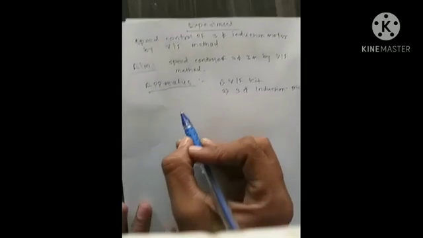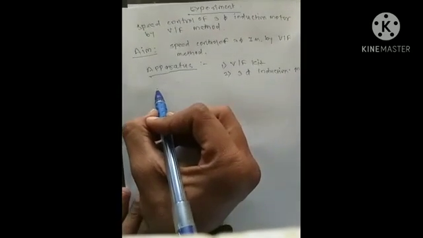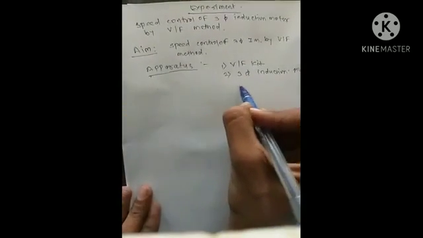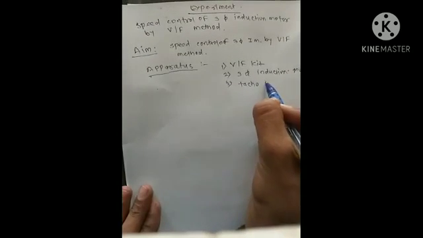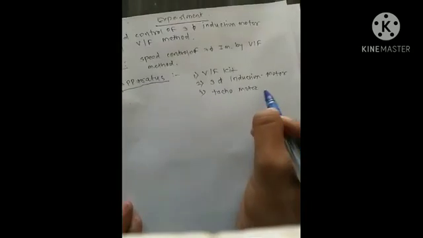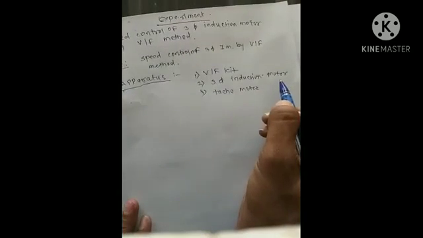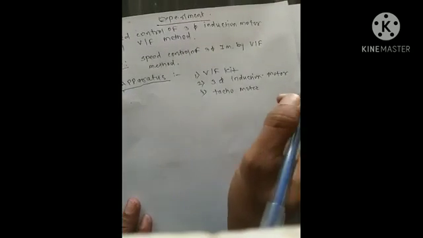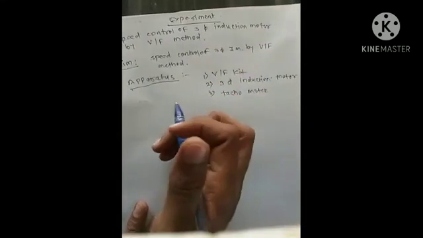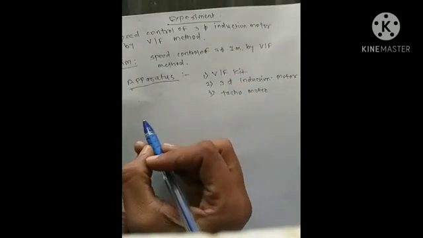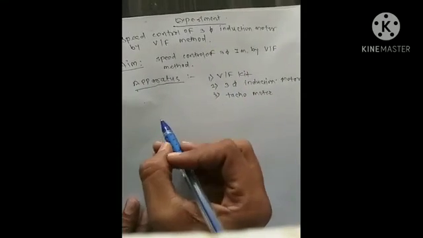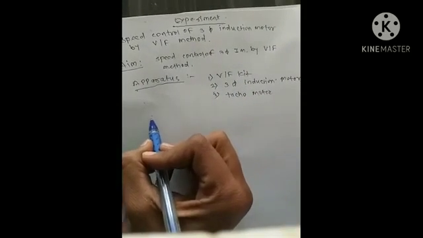Then after that tachometer for measuring the speed of the induction motor. So to control the speed of three-phase induction motor, first of all we draw the block diagram.